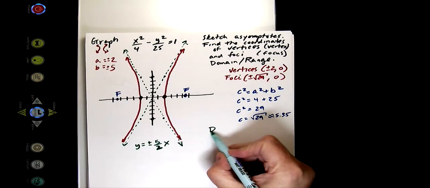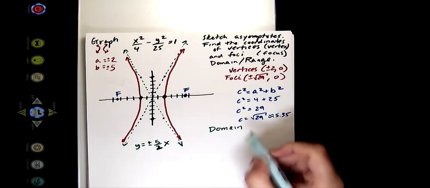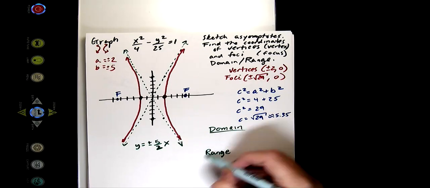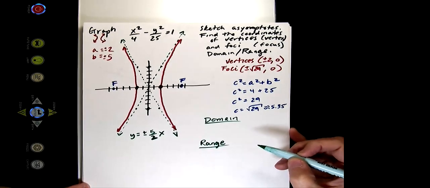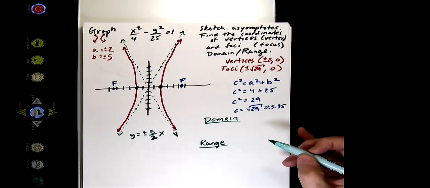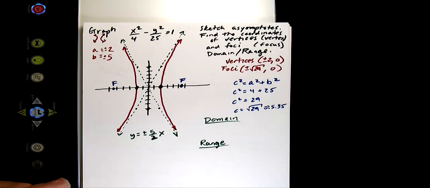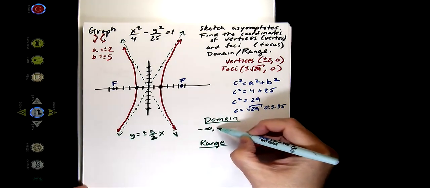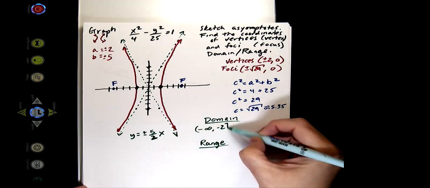What's the domain and range here? Negative infinity to negative 2, bracket, union, 2 to infinity.